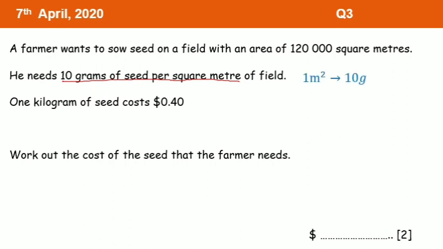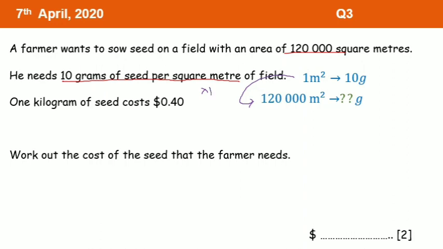Now, how many square meters is the area of the field that he has? He has 120,000 square meters, right? So we need to check from 1 into 120,000. What do we do? We multiply, right? We multiply it by 120,000.